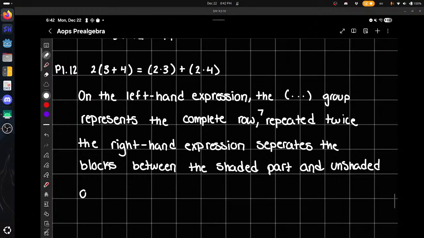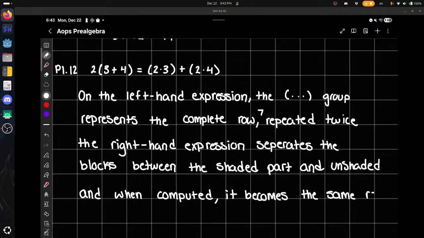and tells us, when computed, becomes the same row.